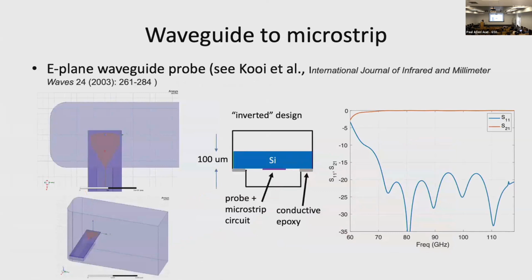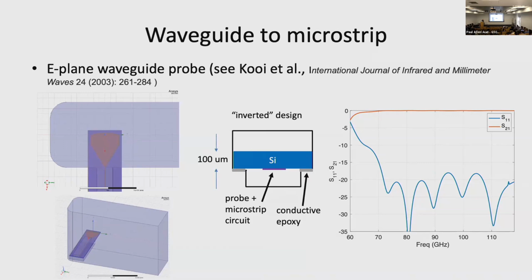These probes act like antennas. And how to make these probes is pretty well understood. There's a famous paper also by Jacob Cui some time ago showing how to do this. And it turns out you can do quite well as far as the return loss over the entire W band.